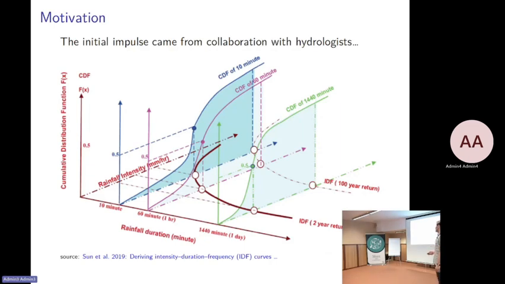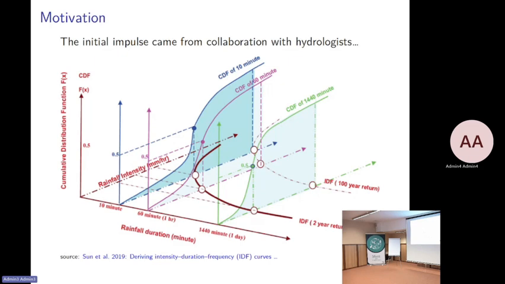This nice picture is on the source. There are two variables, but usually they work with flood volume and river flow peak, so duration.